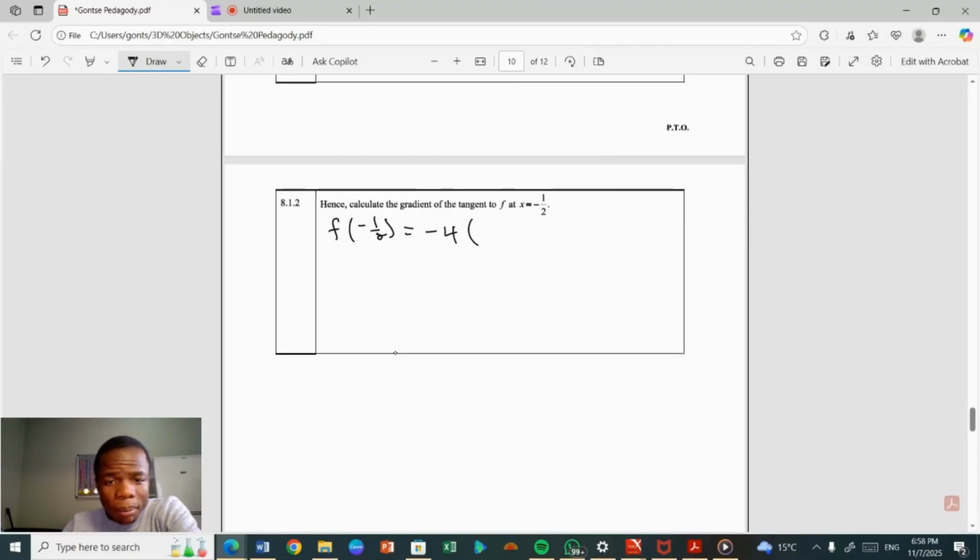So we'll have minus 4 into what? Minus 1 over 2, right? So this is our x. So therefore, f prime of minus 1 over 2 is equal to what? Is equal to positive 2, because negative multiplied by negative is positive. So it's 4 over 2, it's 2, right?